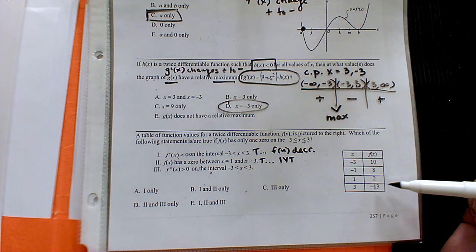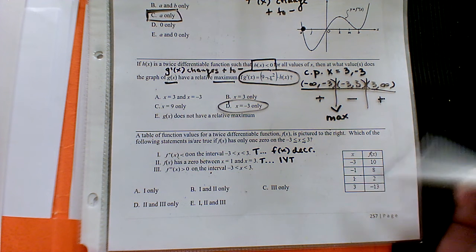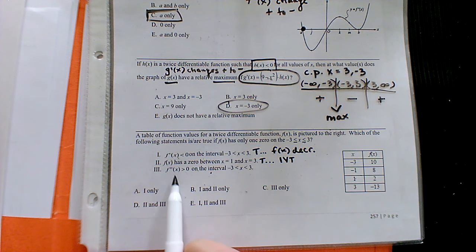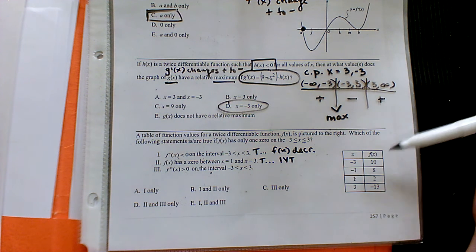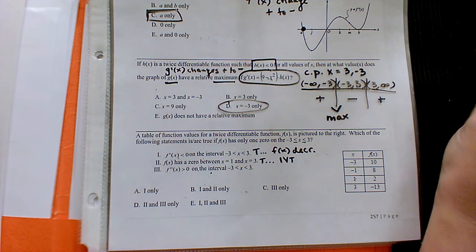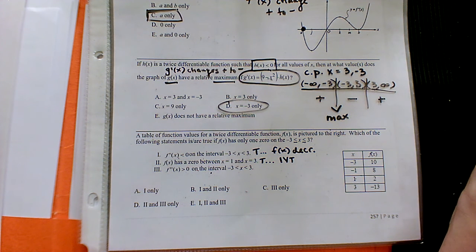If you know a y value, in this case 0, is between 2 and -3, you know there's an x-intercept between the x values of 1 and 3, definitely. All right, the second derivative is positive on the interval from -3 to +3. So they're asking us about the second derivative, but they give us original function information. What do we need to look for?